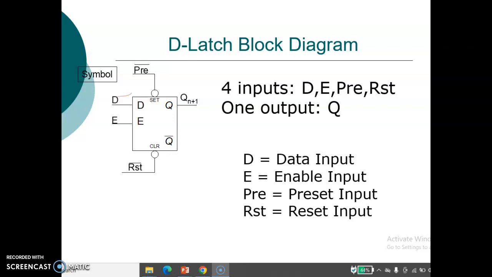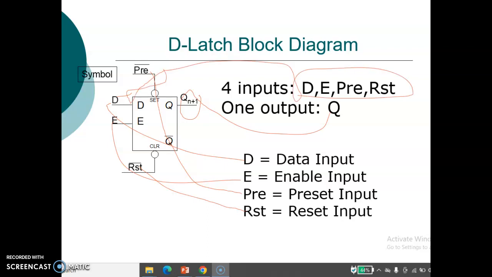D is the data input, E is the enable input, preset input, reset input, RST clear. 4 inputs: D, E, preset, reset. 1 output Q n plus 1. These 4 inputs.